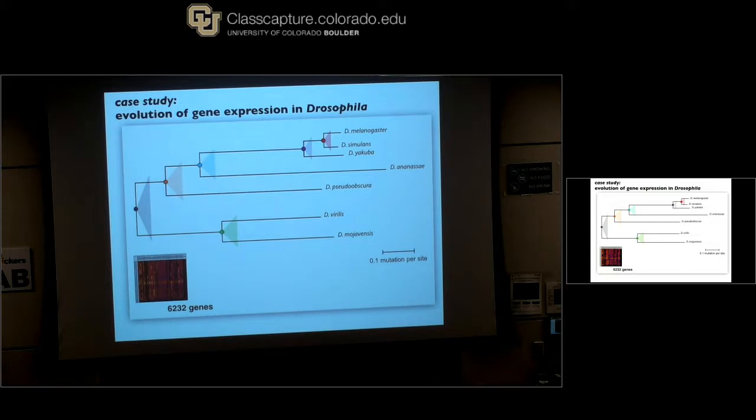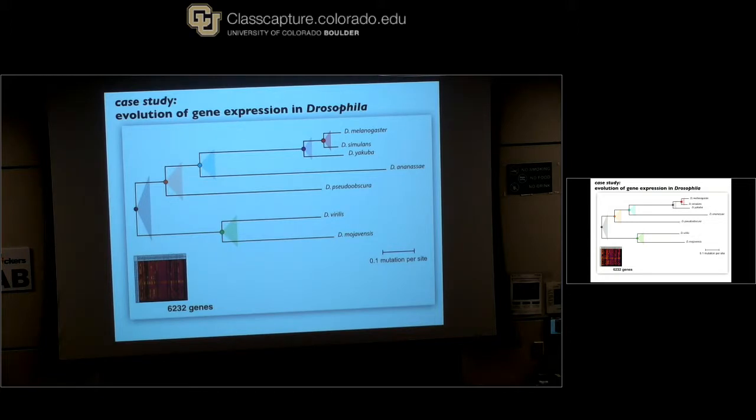Yes? Do you have an idea of how many mutations would make a pair of these species be so... That's the scale, right? So between Melanogaster and simulans you have less than 10% divergence of the genome. And this is after you do the correction.